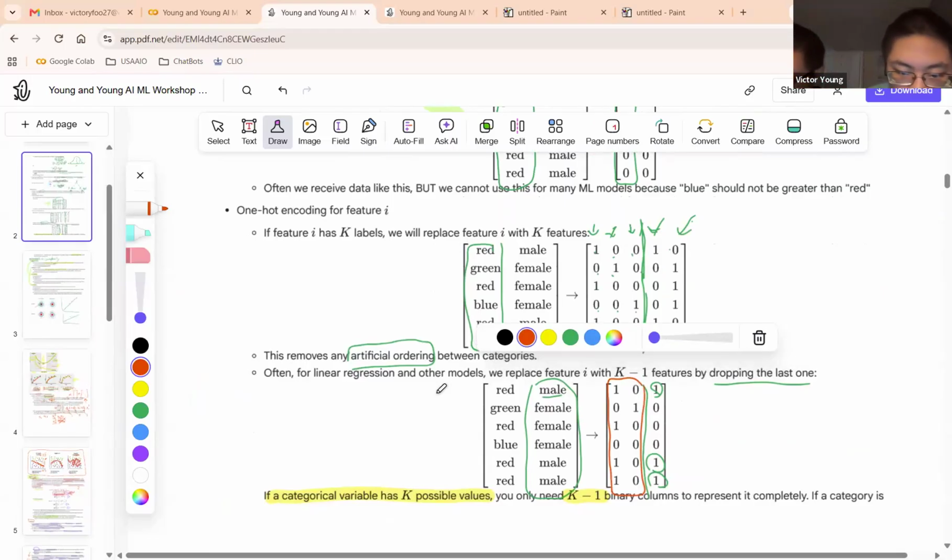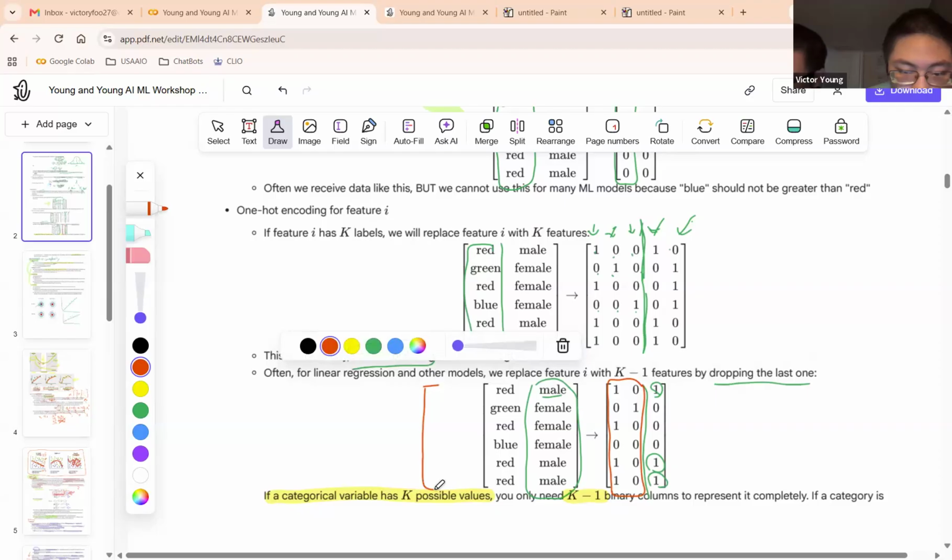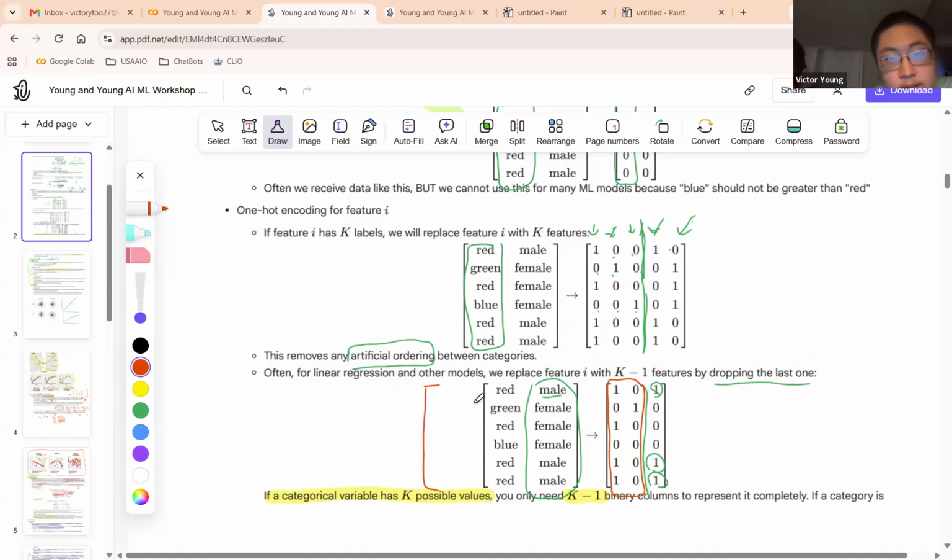Well, if you also have another numerical feature, like height, and this is 1.1, 2.1, 1.3, you just have 1.1, 2.1, 1.3. And then that's your whole big X string matrix, the n by d.